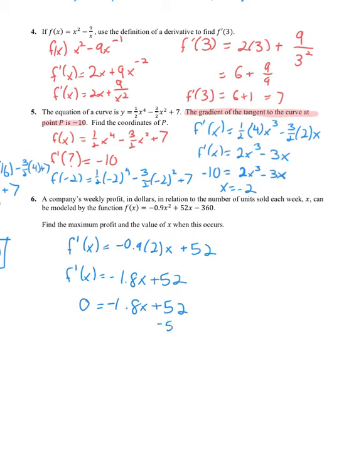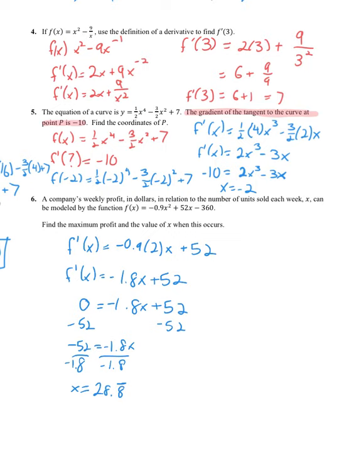Turns out for this one, we subtract 52 from both sides, and I'm going to divide by -1.8. So 52 divided by 1.8, that's going to be slightly bigger than 27. 28.8 repeating. That's the x value.